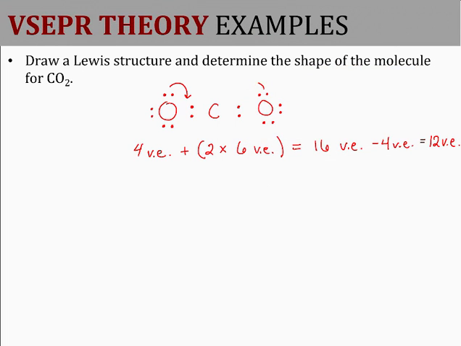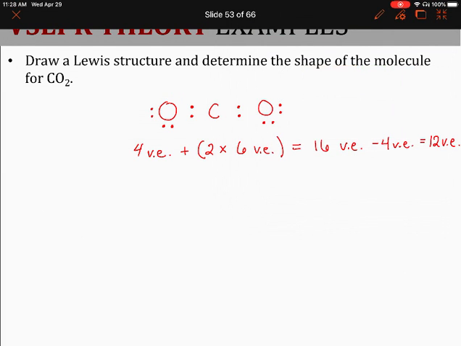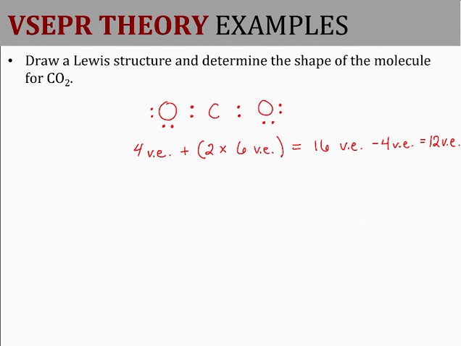I'm just going to erase the lone pairs on the top and move them down so that they're shared between carbon and each oxygen. Now carbon has 8 electrons, and each oxygen still has 8 electrons as well.